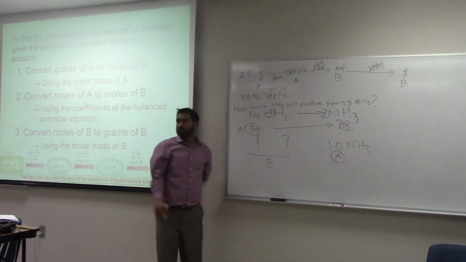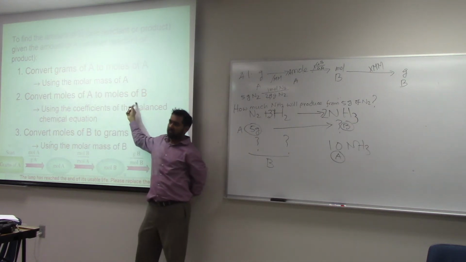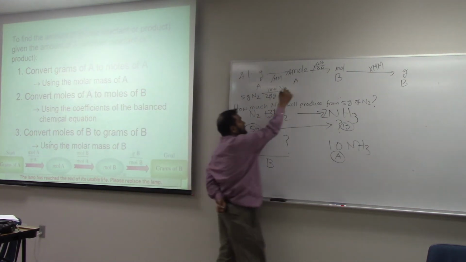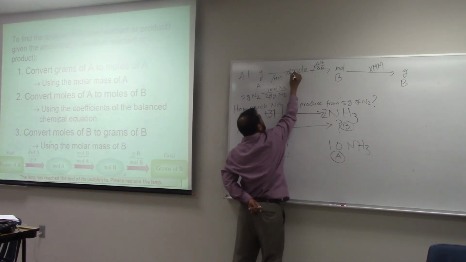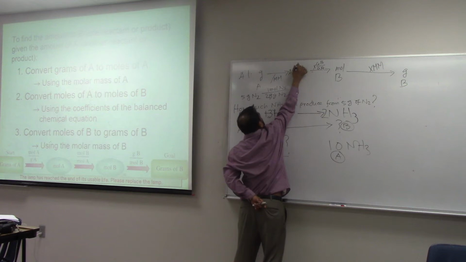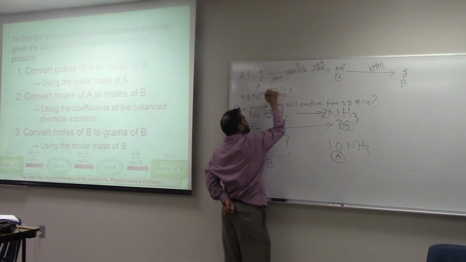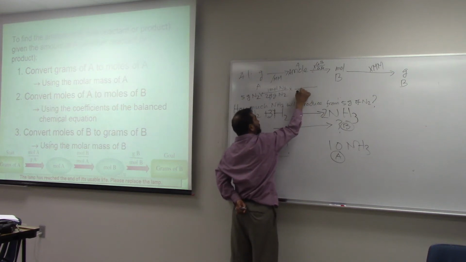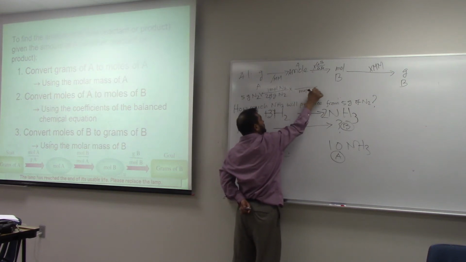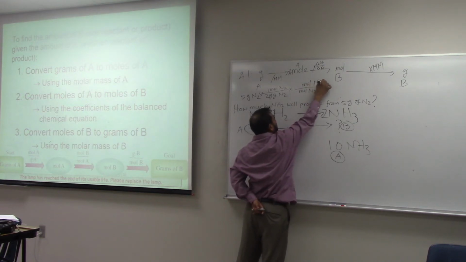Step 1. Step 2, you go from mole of A to mole of B. So mole of A to mole of B, so multiply by, so mole of nitrogen and mole of B is ammonia.